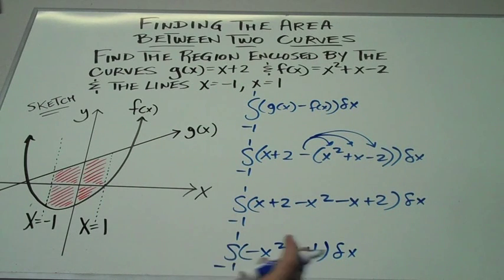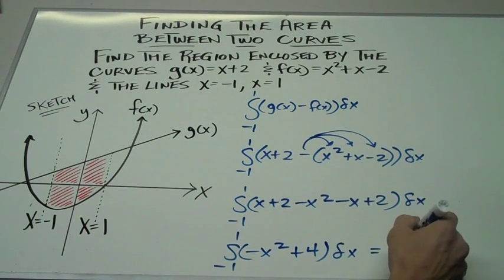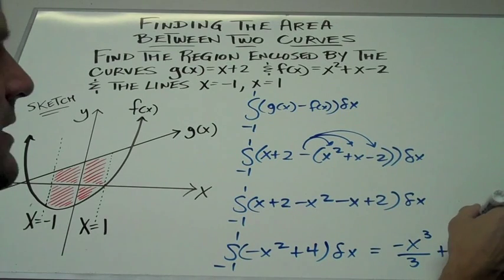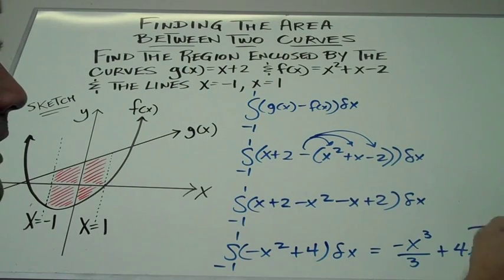Now all I have to do is find the definite integral of this. You should know by now how to find the integral of this. It's fairly straightforward. That will equal negative, that constant will stay there, x cubed divided by 3 plus 4x. And I'm going to evaluate that from negative 1 to 1.